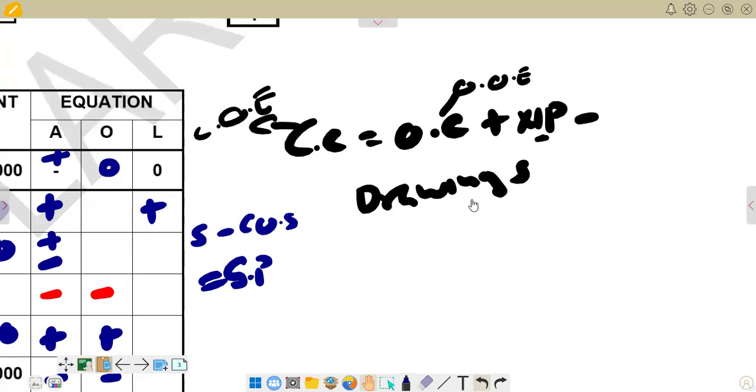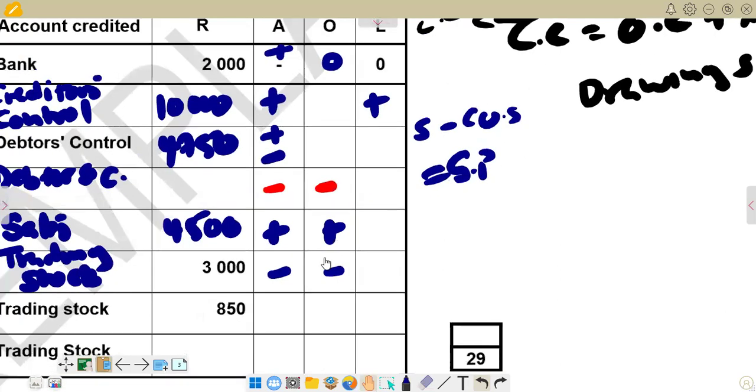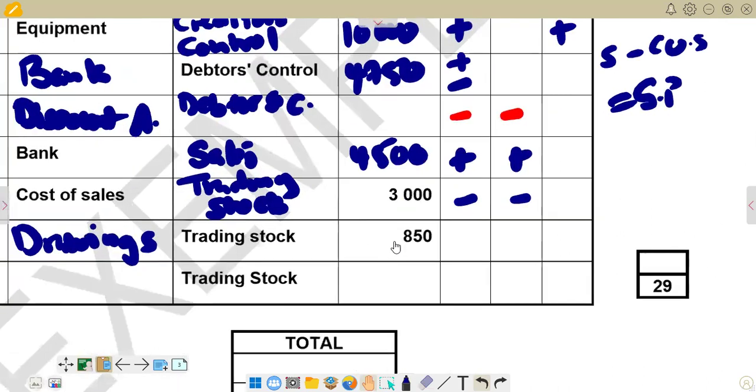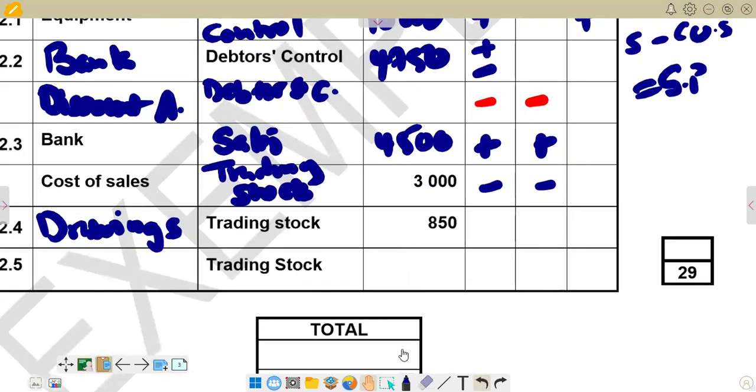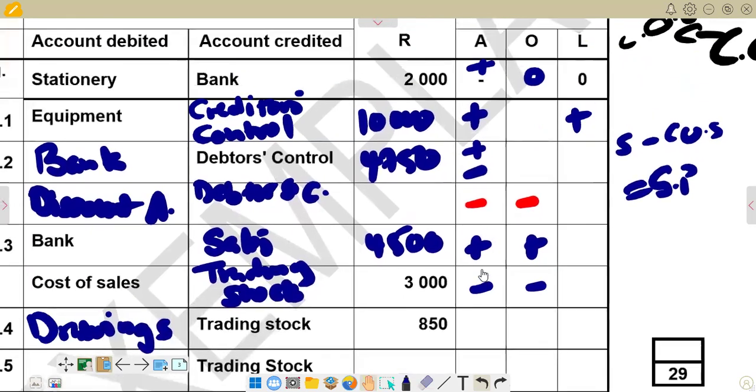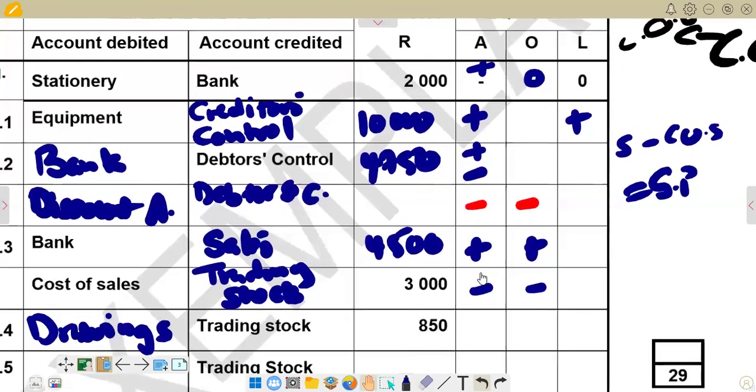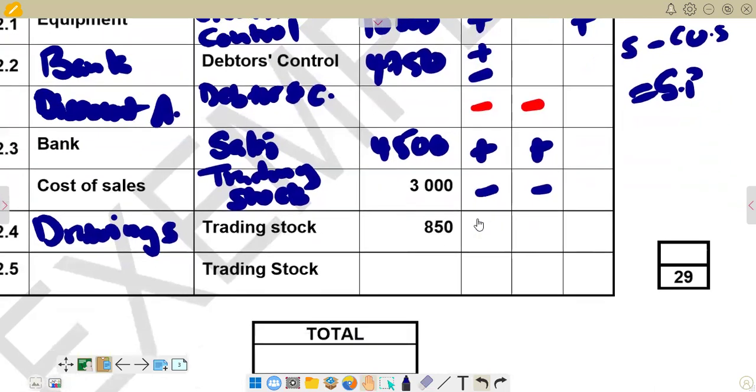So here we are having drawings, so it's going to be a minus on our owner's equity, seeing that owner's equity is represented by the column in the middle. So it's a minus on owner's equity. And then on assets, trading stock is an asset we are crediting, and when we credit an asset, it's a minus again.